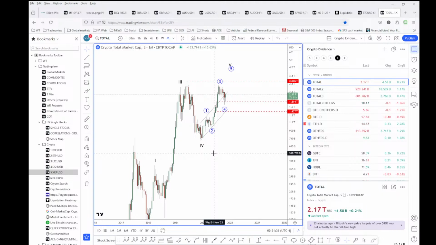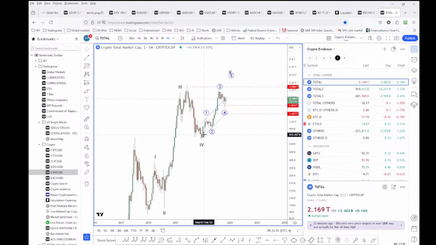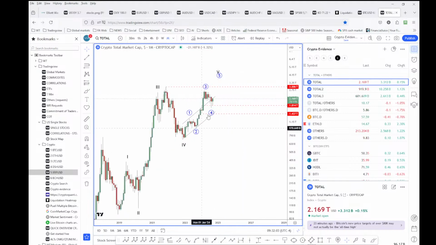Maybe we have now some price action that is telling us that cryptocurrencies will continue higher, but still it's a bit of a tough situation, not really breaking any key levels. So maybe in such cases, especially when you have different possibilities on smaller time frame charts, just go to the higher time frame charts and remember where we are in the big cycle. And you can clearly still see here that crypto total market cap shows an uptrend.